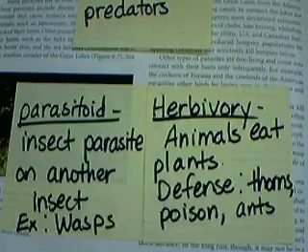The word herbivory is when animals eat plants. So it's basically a kind of predation. We usually think of predation as being animals eating animals. But when animals eat plants, we call it herbivory. Plants defend themselves against this using thorns, poison, and sometimes they let ants grow all over their plants because ants taste bad.